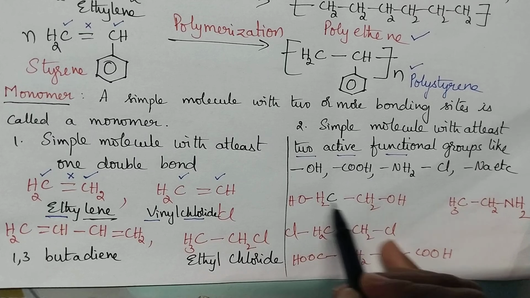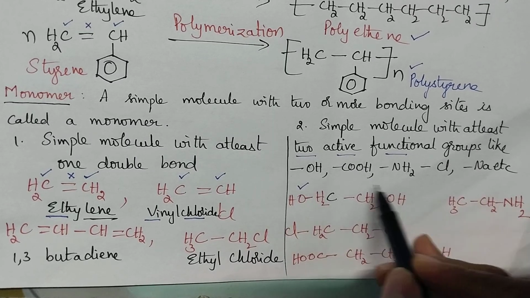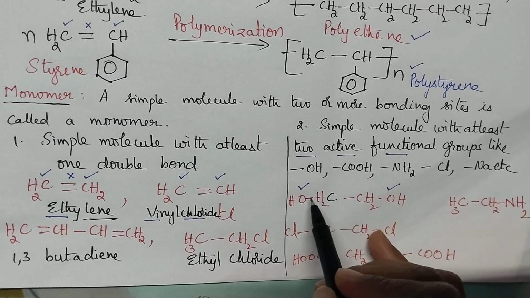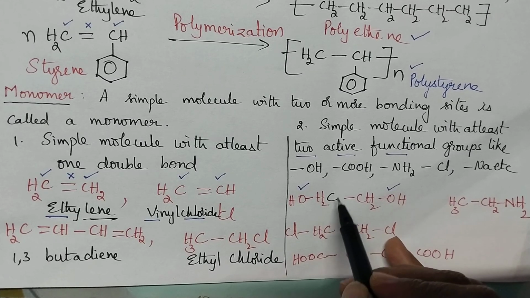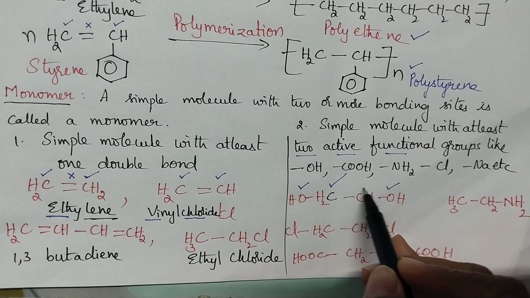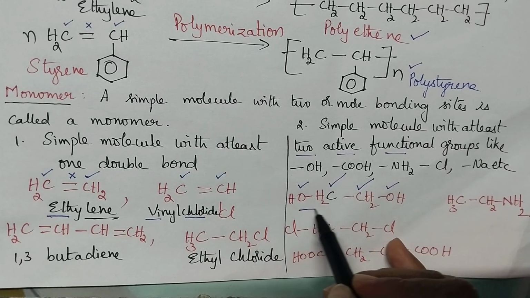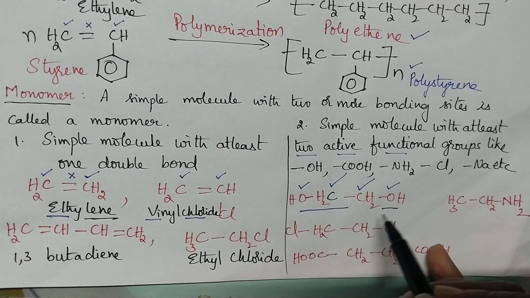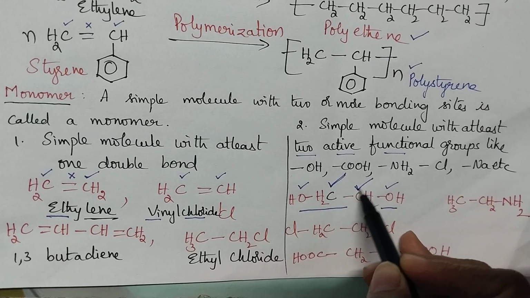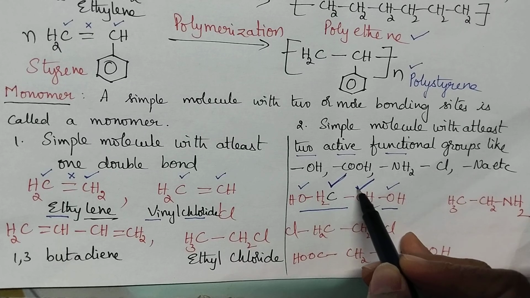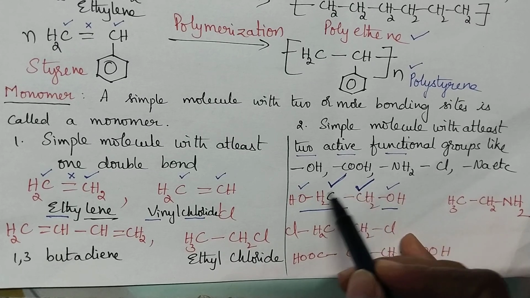Let us see one example. It is glycol. How many hydroxide groups are present? 2. So, there is a possibility to participate in a chemical reaction at two bonding sites. So, this glycol can act as a monomer. Why? Here, the molecule can start a chemical reaction from two areas.